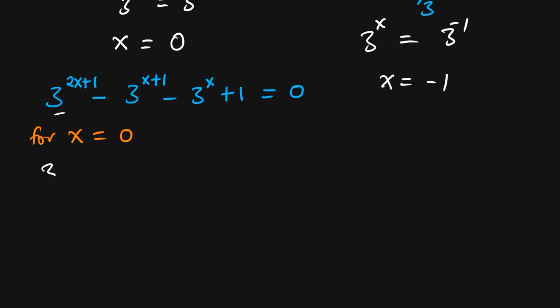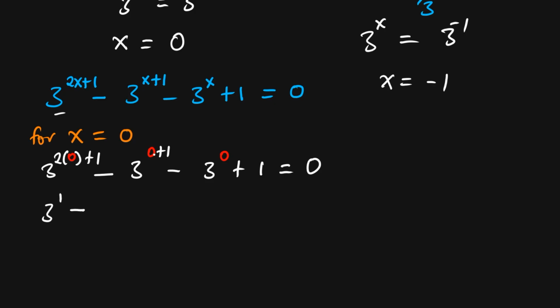We will have 3^(2 into 0 + 1) - 3^(0+1) - 3^0 + 1 equals 0. This is the same as 2 times 0 is 0, plus 1. So we have 3^1 minus 3^1, and 3^0 is the same as 1. So we have 3 minus 3, minus 1 plus 1 equals 0.